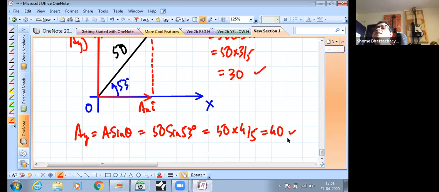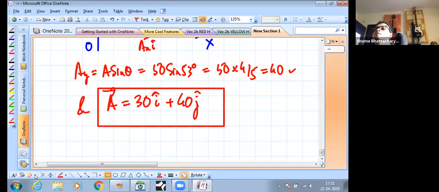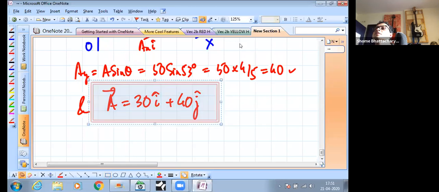And when I express the vector in component form, the vector A will be written as AX, which is 30 times i cap, plus AY, which is 40 times j cap. So this becomes the proper description of that.